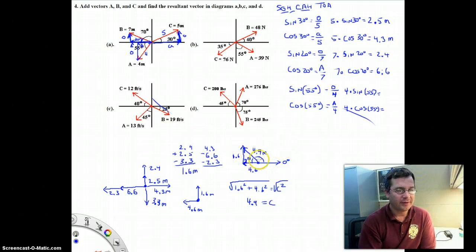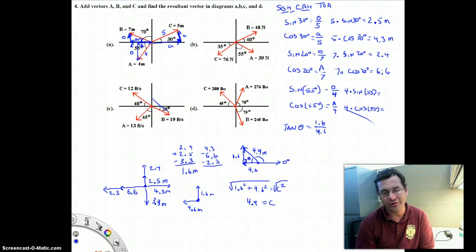Well, how do we find theta? We want to relate the opposite and the adjacent. So that's going to require the tangent function. So tangent theta equals 1.6 over 4.6. Now the problem with that is that the tangent, you can think of a function as a machine.